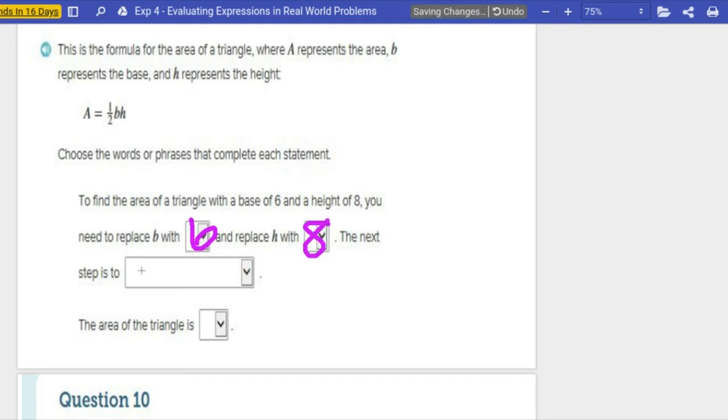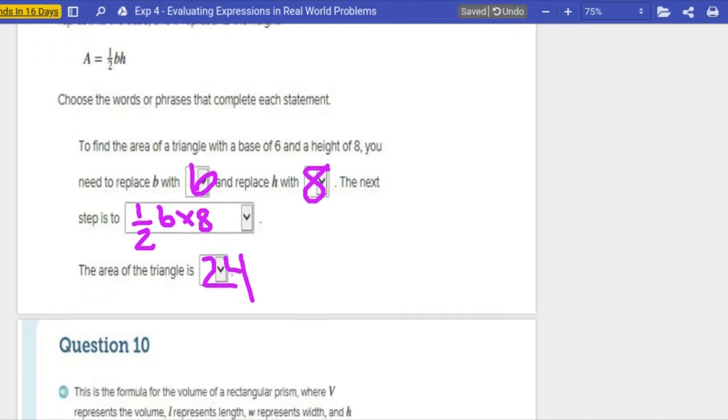Then our next step is to do 1/2 times 6 times 8. This is all multiplication, and the commutative property says I can multiply in any order. I could do 1/2 of 6 first and then times 8, or I could do 6 times 8 first and then take half of it. However you do it, you get the same answer. So 6 times 8 is 48, times 1/2 is 24. So the area of my triangle would be 24 square units.